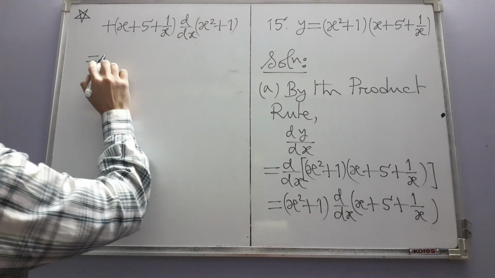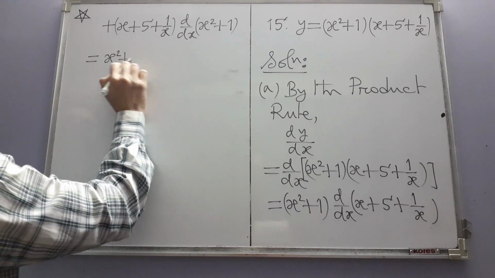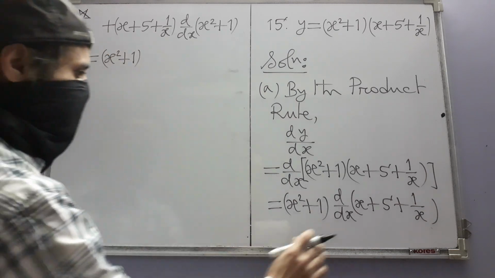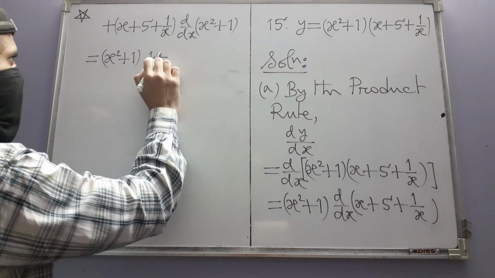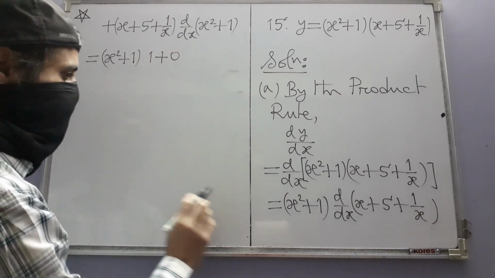So x square plus 1 times, differentiating x gives you 1, differentiating 5 gives you 0.